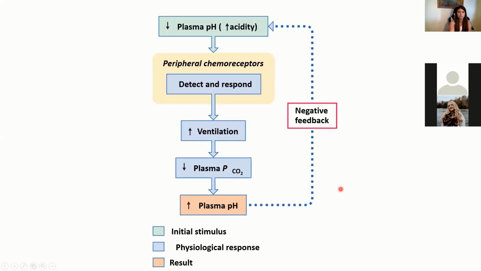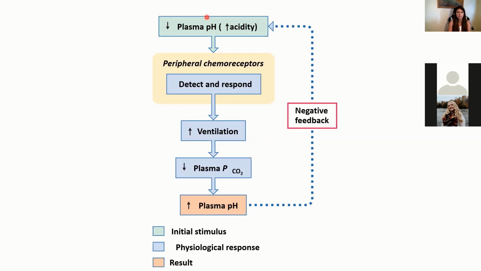Okay, so this is just a quick flow chart of that respiratory compensation and how it would work to affect acidosis. Just like usual with these diagrams, you can flip the arrows if we want to talk about alkalosis. So if we have a low pH, so here's our low pH, we're in acidosis because we have too many hydrogen ions in the blood, or too much carbon dioxide, because these are really interchangeable.